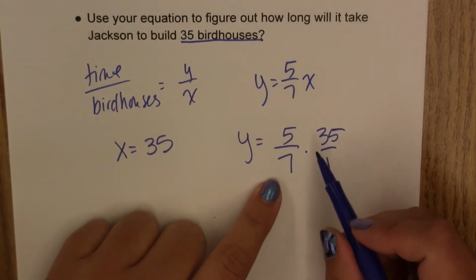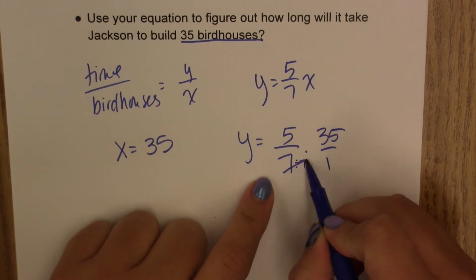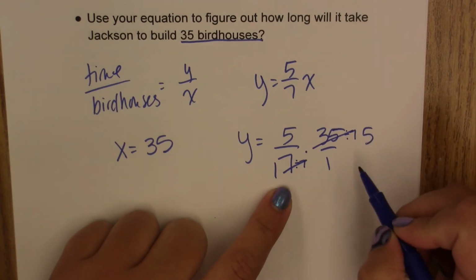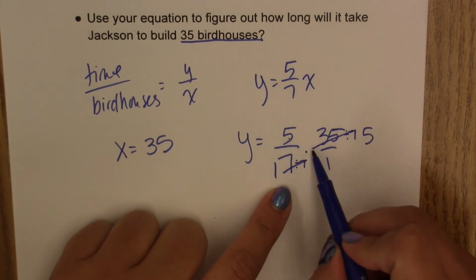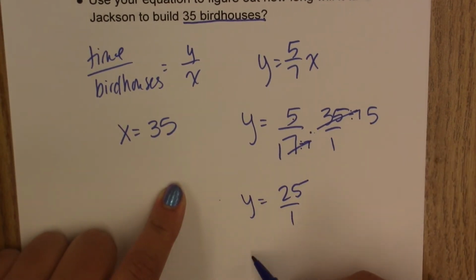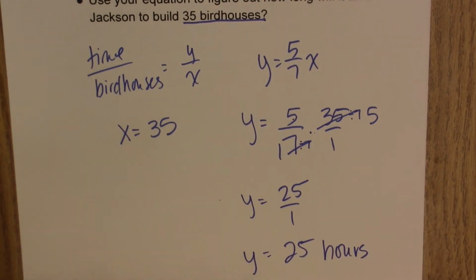Again, I'm going to simplify before I multiply. I know both of these are divisible by 7. Gives me a 1. Leaves me with 5. Now I can multiply. 5 times 5 is 25. And 1 times 1 is 1. So it would take him 25 hours.